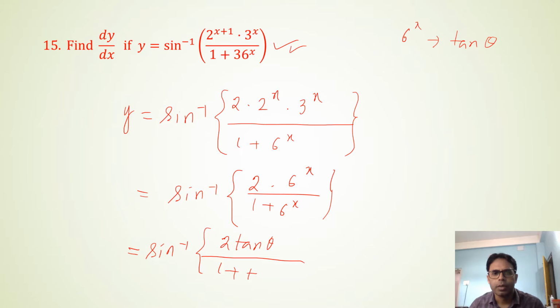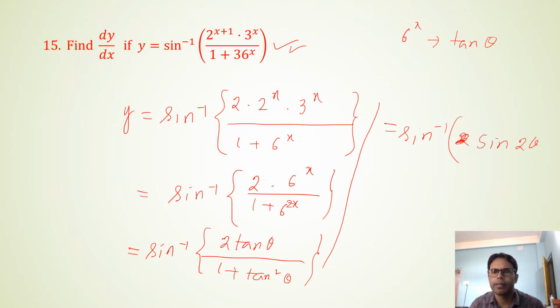So 1 plus this term will be simply tan square theta. Now you see this bracketed term. What is the bracketed term? It is simply sine 2 theta, is it not? We have a formula: 2 tan theta divided by 1 plus tan square theta is equal to sine 2 theta.